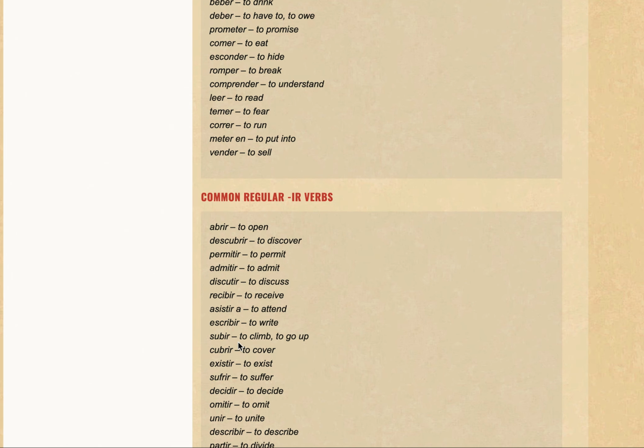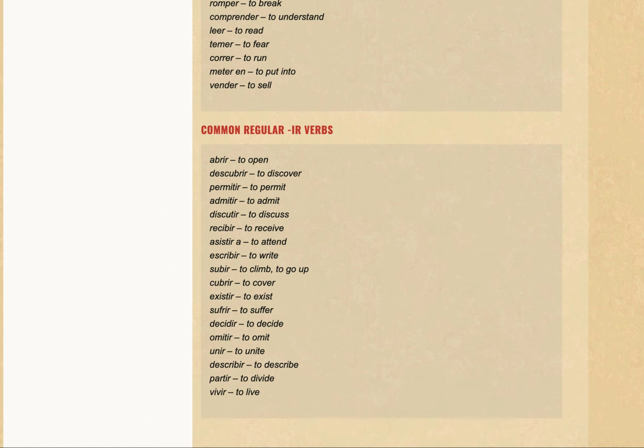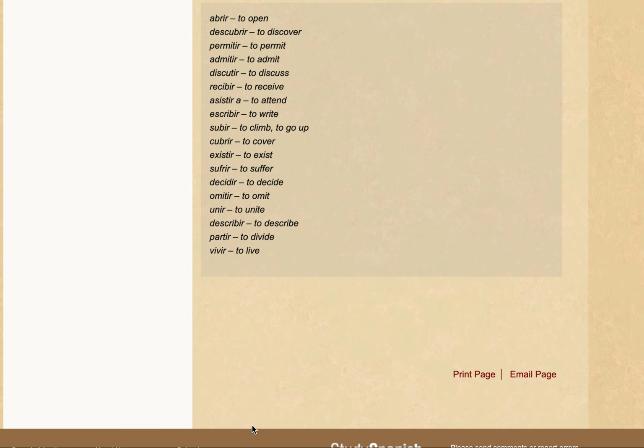Then you have ir verbs. Abrir means to open. Subir means to climb. Escribir means to write. Vivir, we know, is to live.